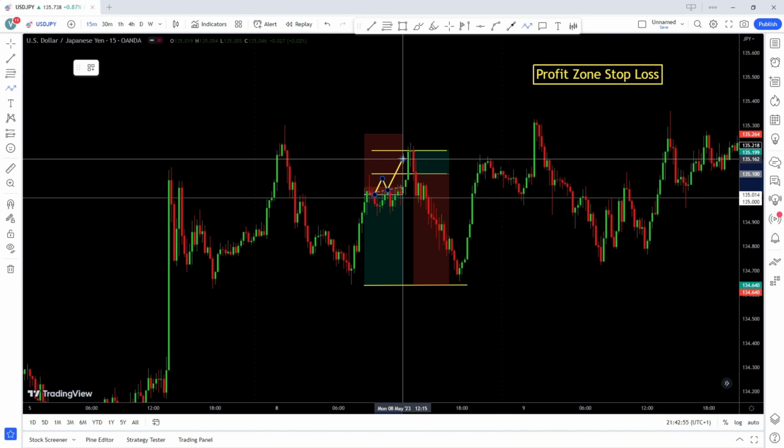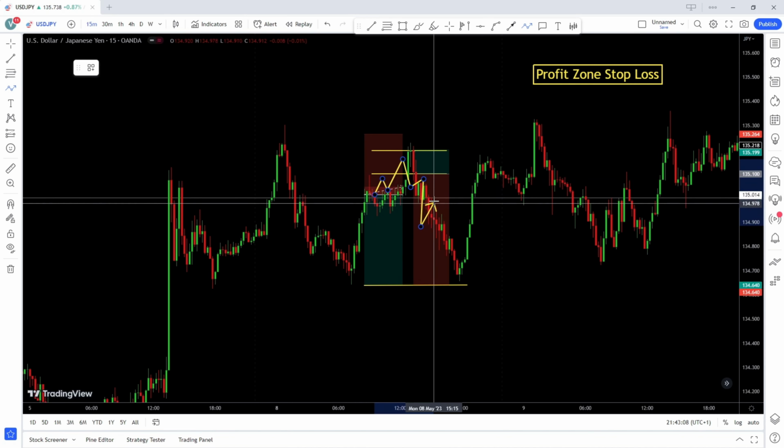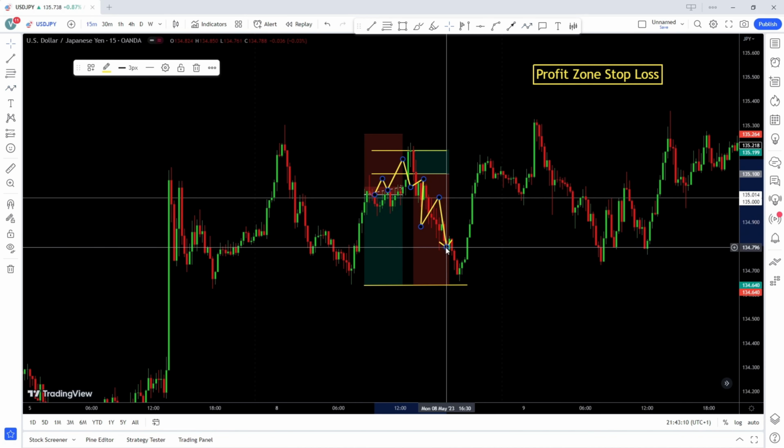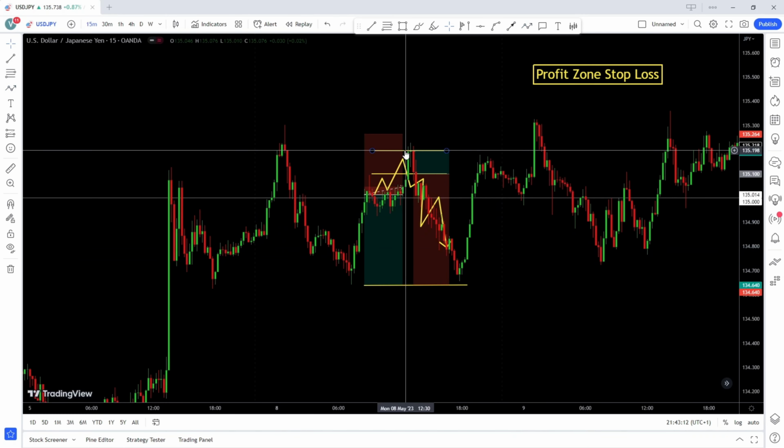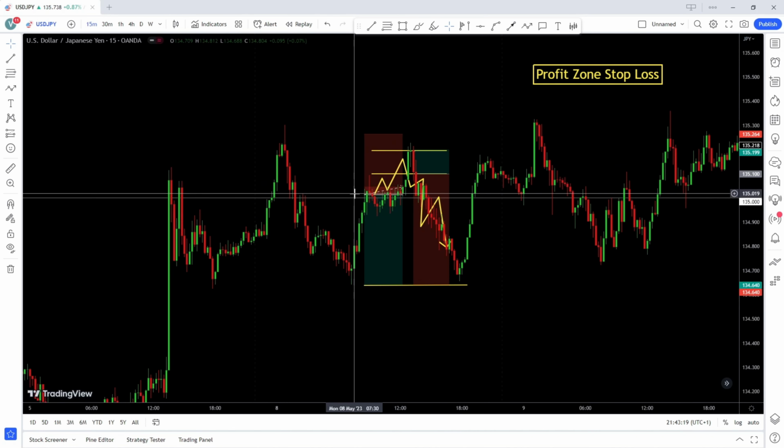It'll tag into the buy, and at this point we'll be in a hedge, and we'll be only down 10 pips. Then price will come down, so it'll miss the take profit of the buy, and now we are stuck in a hedge. But at the same time we are only stuck in a 10 pip loss.